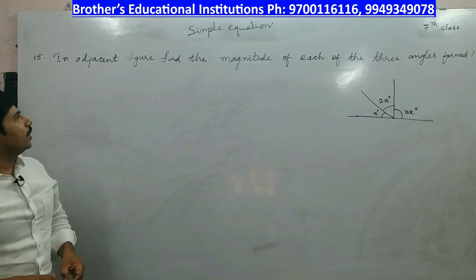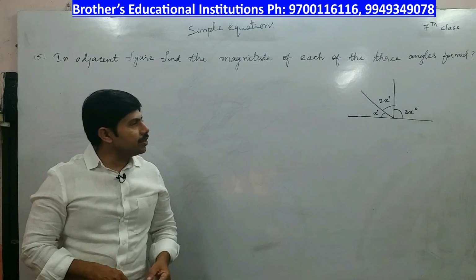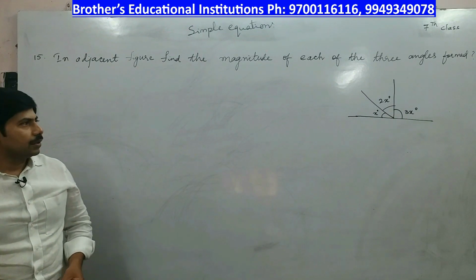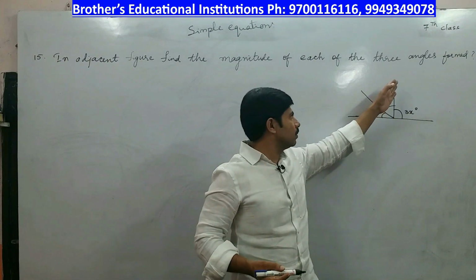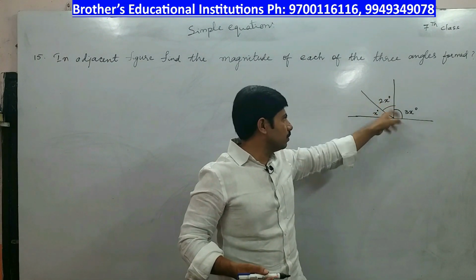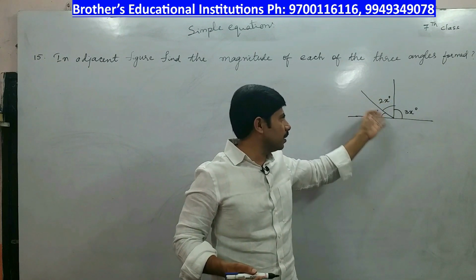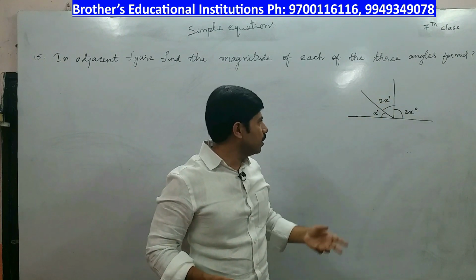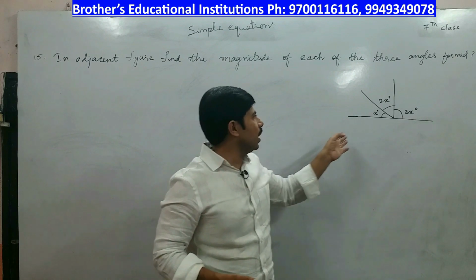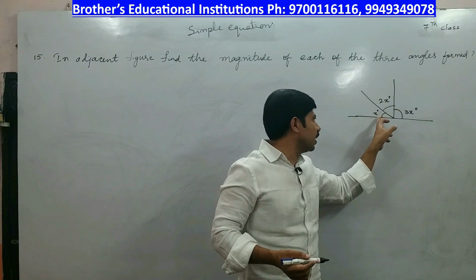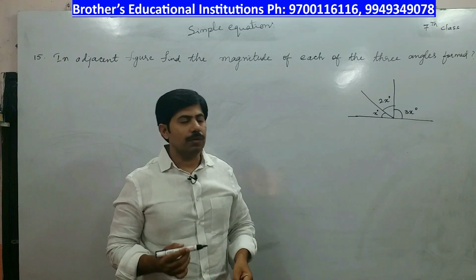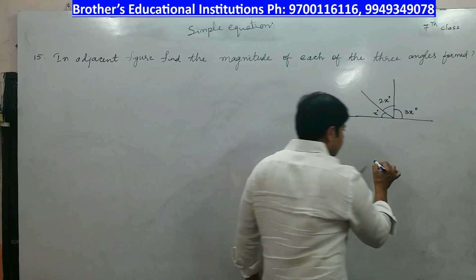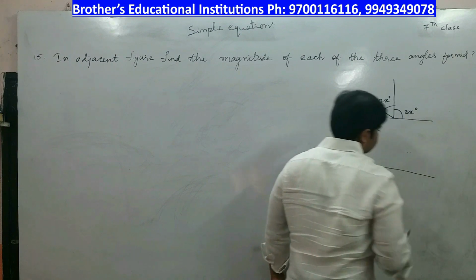In the adjacent figure, find the magnitude of each of the three angles formed. In the figure, we have one line at 90 degrees, and the other line is maybe bisecting 90. It's not bisecting. In this figure we have the angles x, 2x and 3x. So three angles are given. One thing you remember: what is the angle in a straight line?